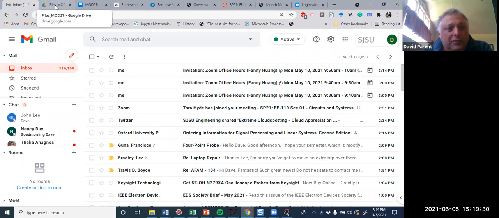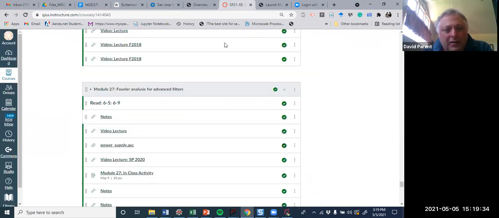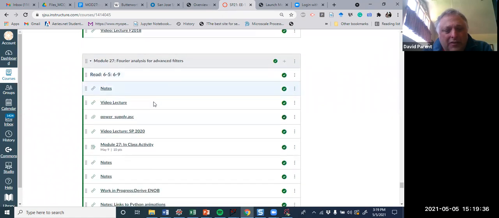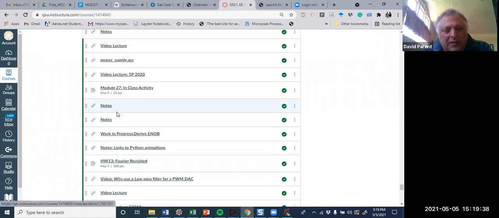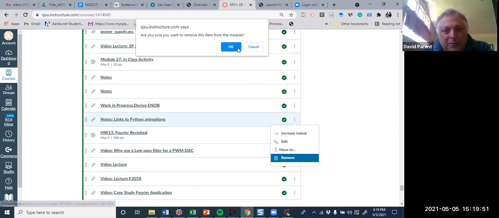So these notes here are in Canvas under notes, but there are some things here I've looked at, and they're not helpful. I think I just forgot to remove them.